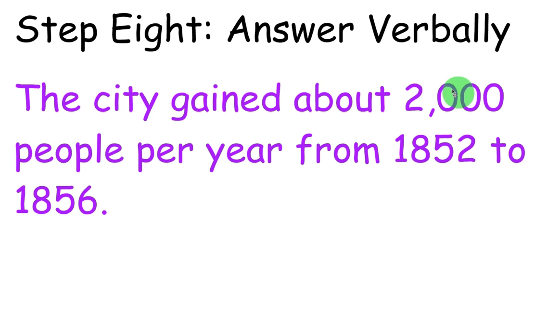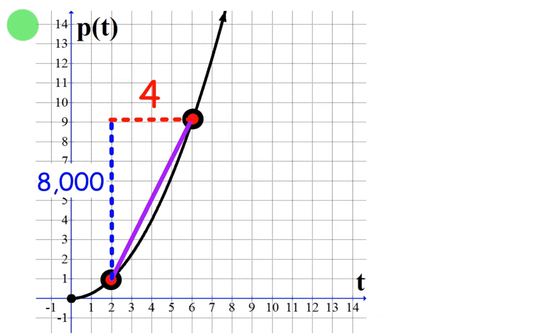The city gained about 2,000 people per year from 1852 to 1856. Now again, that is an average. We're going to take a look at the graph and see why that's the average increase in the town's population. This is a curved graph, okay? You can actually see from 1855 to 1856, there was an increase of 3,000 people.